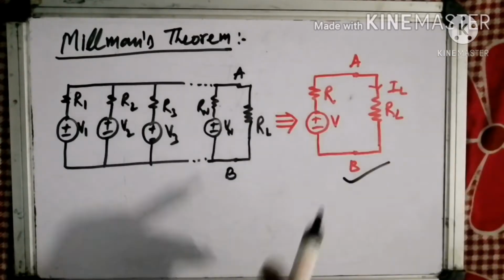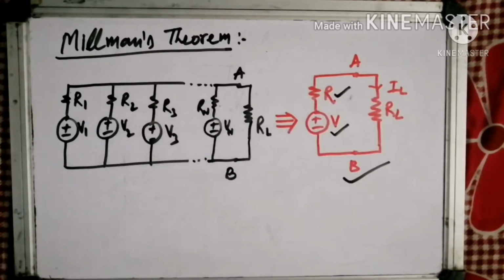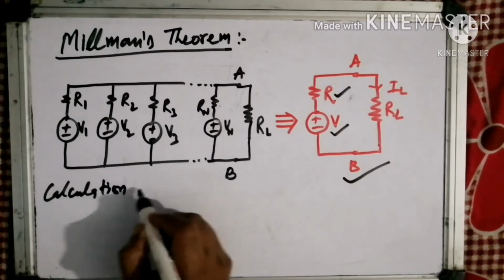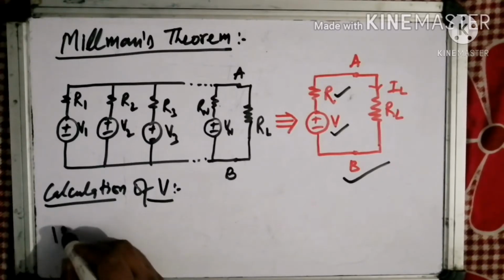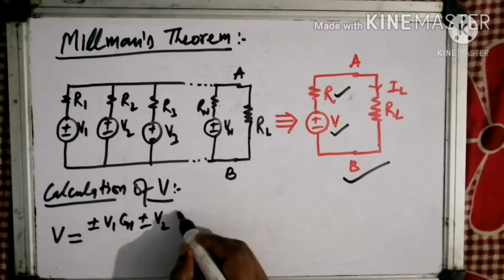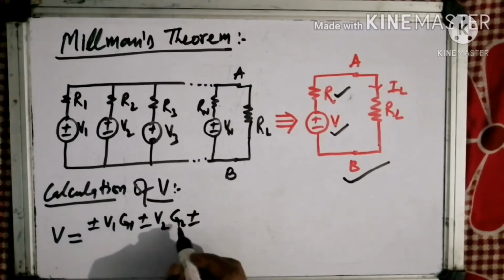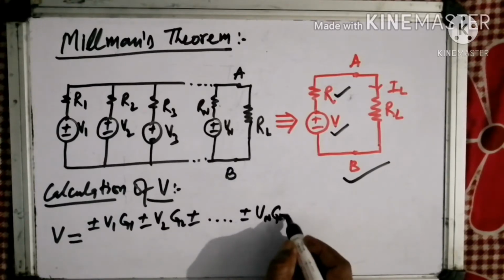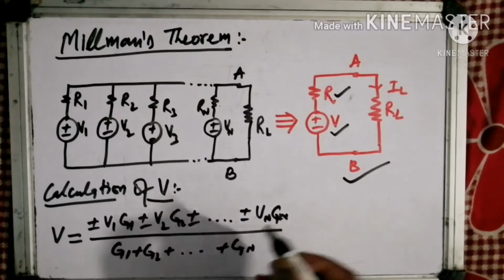To make this equivalent circuit, it is necessary to calculate B and R. First of all, calculation of B. For the calculation of B, B is equal to plus minus B1 G1 plus minus B2 G2 plus minus B3 G3 plus minus Bn Gn divided by G1 plus G2 plus up to Gn.